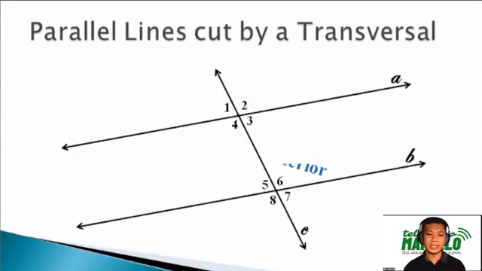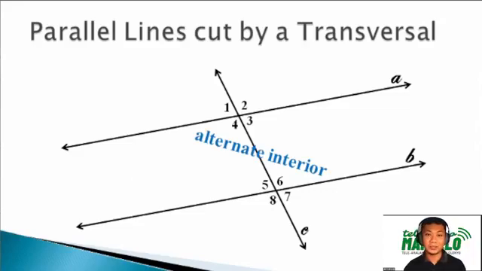Next, we have what we call the alternate interior angles. What are the alternate interior angles? On this figure, we have angle 4 and angle 6. Angles 4 and 6 are congruent. They are equal. That's why alternate interior angles are congruent.